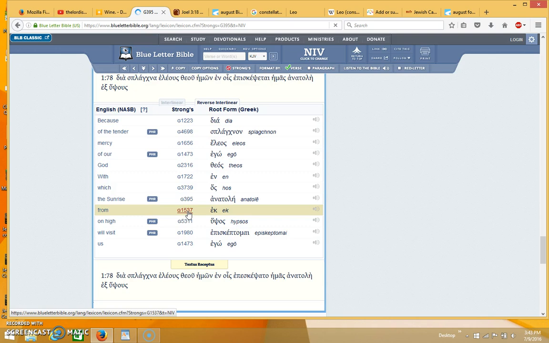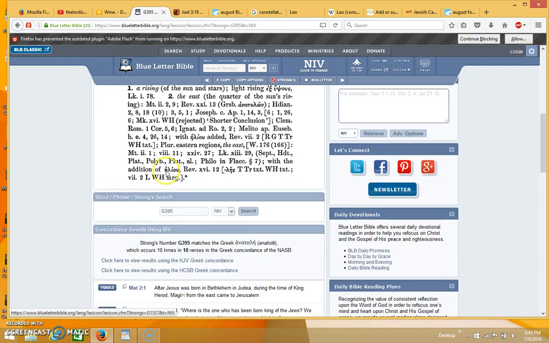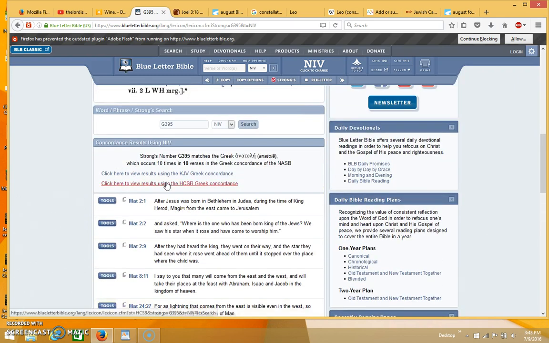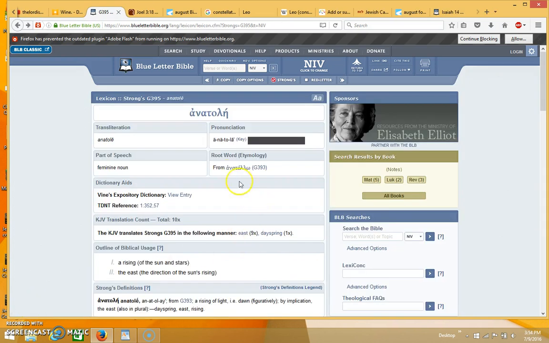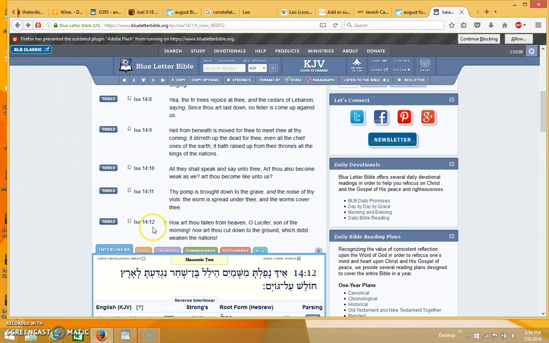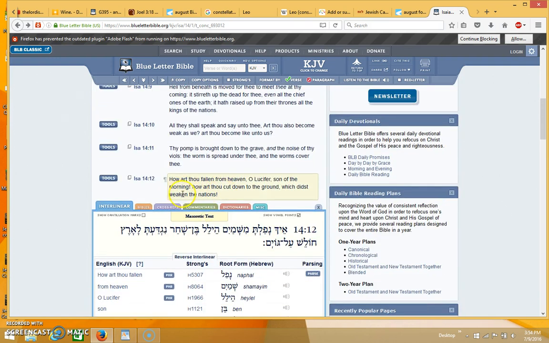And you can see that when you pull up this word for dawn or the rising of the sun, you can see that it also refers to the dawn. And you can see when you look at Isaiah 14, where it talks about Lucifer falling from heaven, and it calls him the son of the morning.